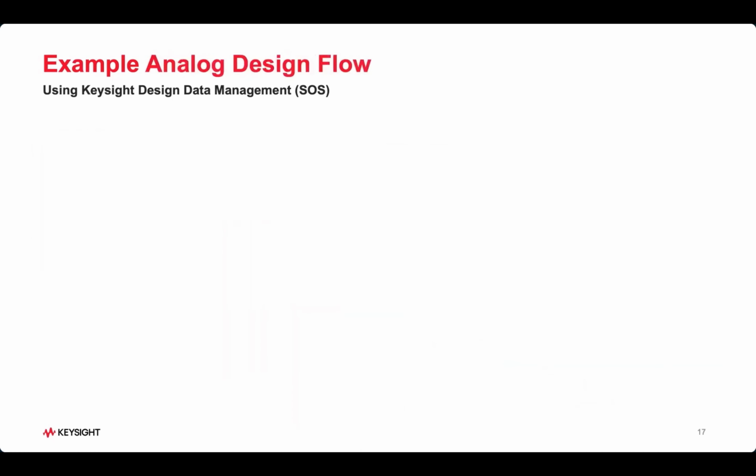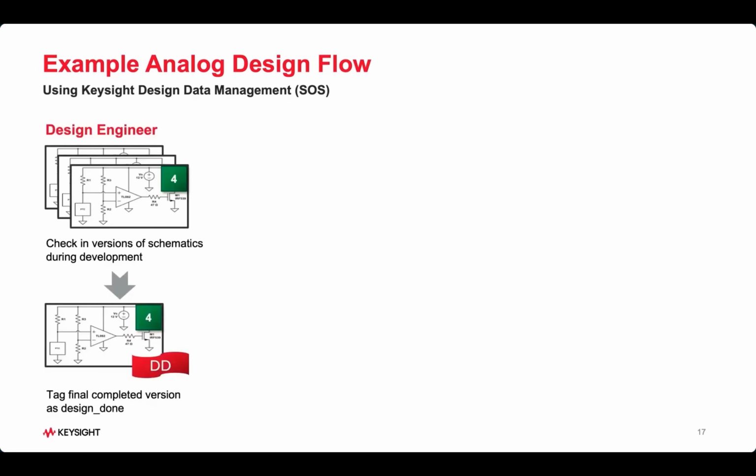Now, looking at the analog design flow, which can be extended into the RF design flow as well, they work off of different data sets. They may have schematic engineers and design engineers that look at the schematic objects, and they may say, okay, well, version 4 of the schematic has been completed, so let me go ahead and assign the design done label to this.